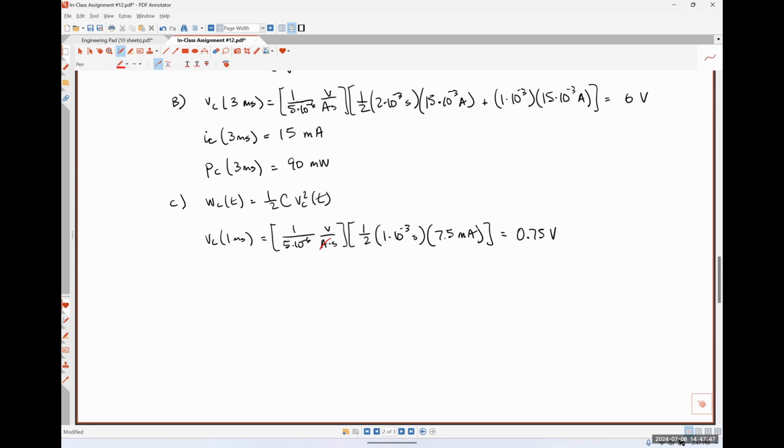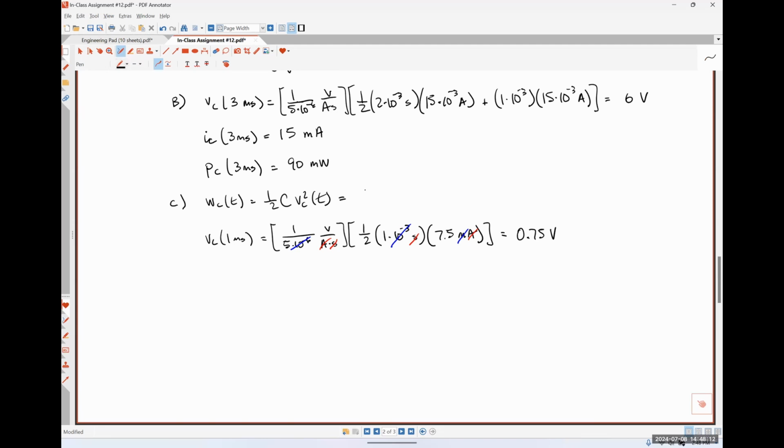So the amps cancels the amps. The 10 to the third times the milli cancels the 10 to the minus 6 down here. Seconds cancels seconds here. So let's see. Yeah, so 3.75 over 5, 0.75 seems legit.